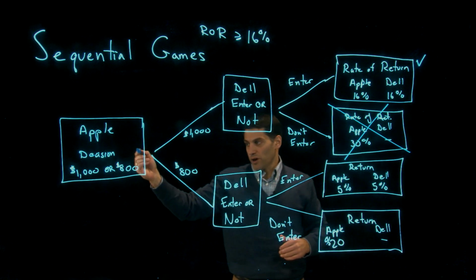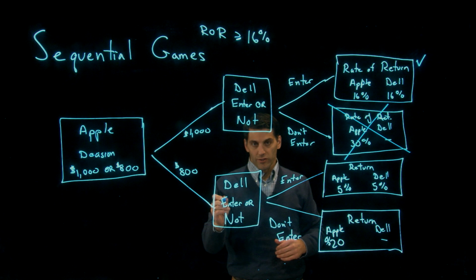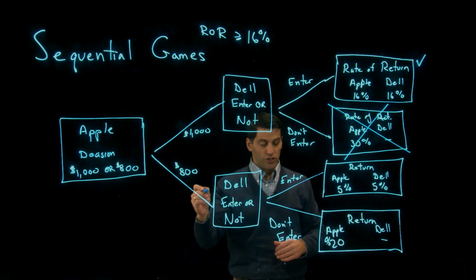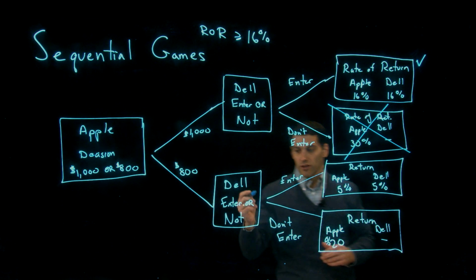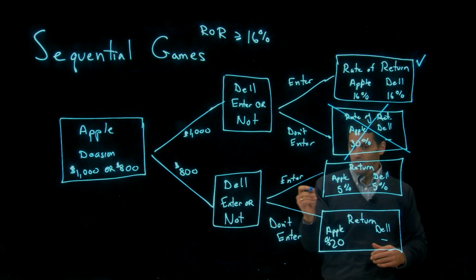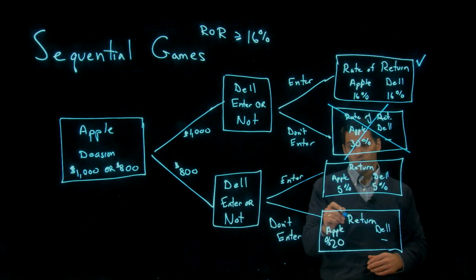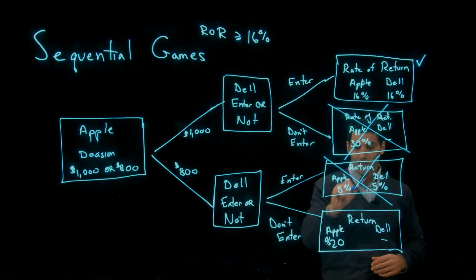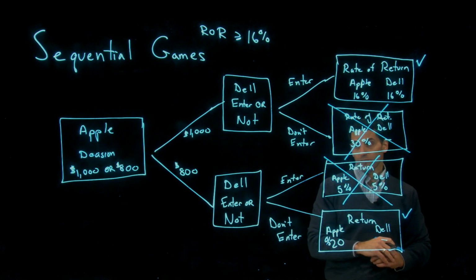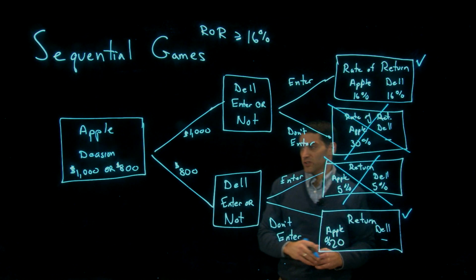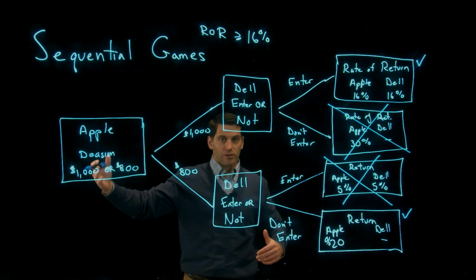What about the scenario where Apple charges the lower price? They're more aggressive in their pricing, charging $800 per laptop. Now, in this case, if Dell enters the market, the rate of return is only 5%, which is not enough to justify the investment. So they would actually stay out of the market, down here. So now what we've done is simplify this from Apple's perspective.